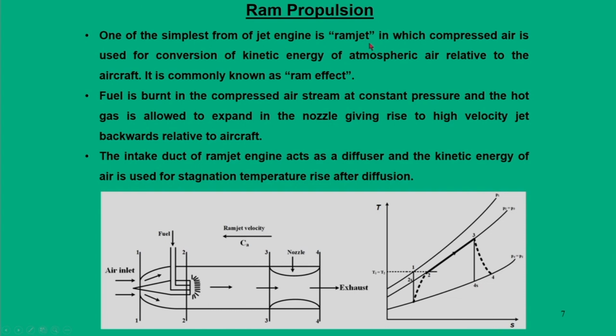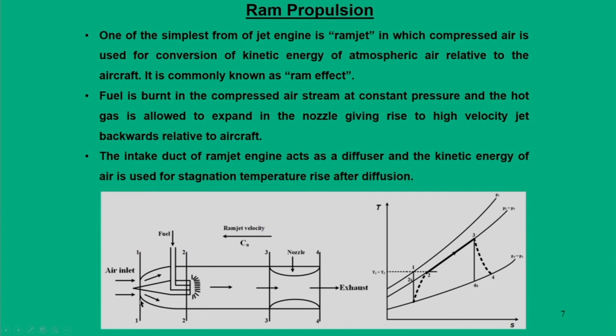So, the ramjet engine, what happens? It is simply an engine in which the compressed air is obtained by conversion of kinetic energy of atmospheric air relative to the aircraft, and we call this the ram effect. In ramjet engines, the air inlet comes from station 1 and finally goes to station 2.